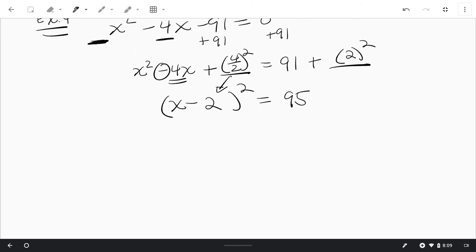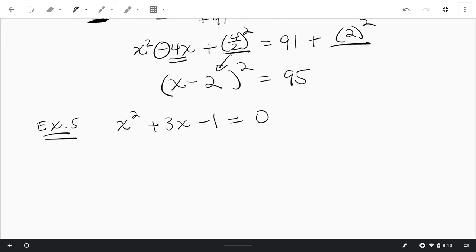So let's take a look at an example where we'll still have leading coefficient 1, but we will have an odd number. The process is still the same. It's just that now, because that's an odd number, and to find that nice third term we divide by 2, well, now that middle number is not going to be divisible by 2. Okay, so let's see what happens.